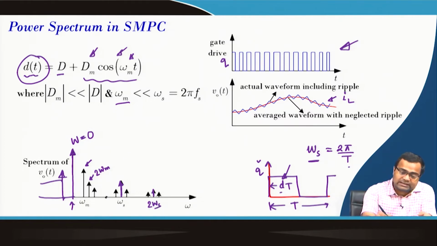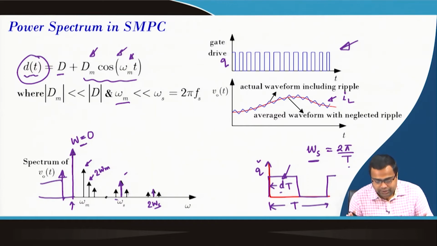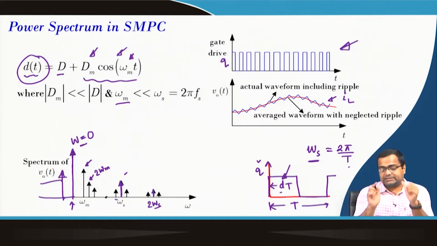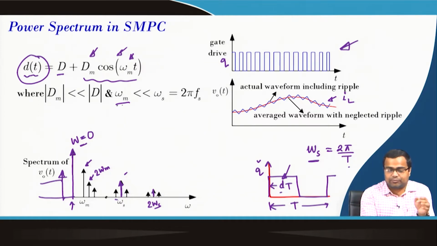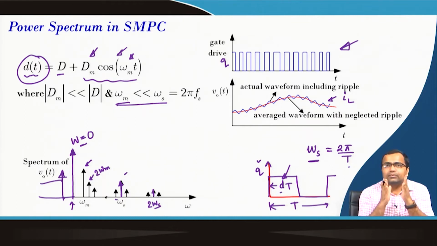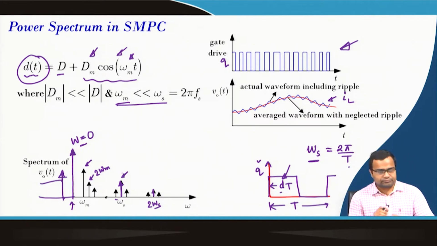But since we are also injecting another low frequency excitation, on top of the DC component, switching frequency and harmonics, we will also have side lobes created by the modulating frequency. These will also have side lobes. Now, if omega m is much smaller than omega s, as we have considered, then these side lobes are almost close to the corresponding switching frequency component.